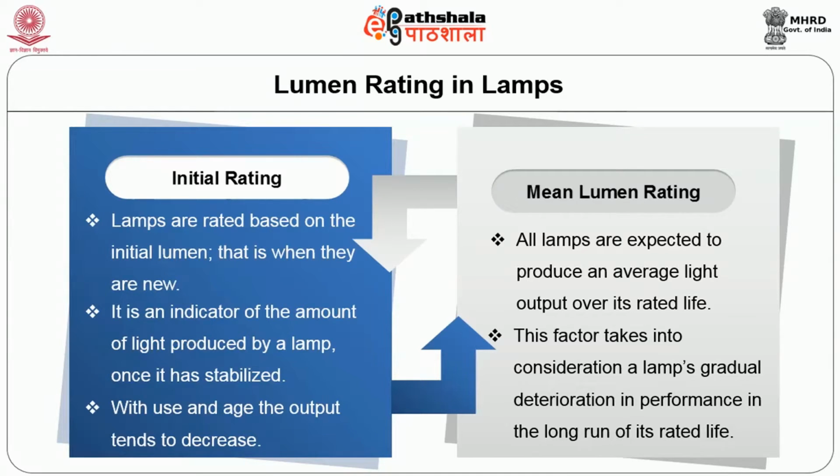It is an indicator of the amount of light produced by a lamp once it has stabilized. With use and age, the output tends to decrease. Second one is mean lumen rating. All lamps are expected to produce an average light output over its rated life. This factor takes into consideration a lamp's gradual deterioration in performance in the long run of its rated life.